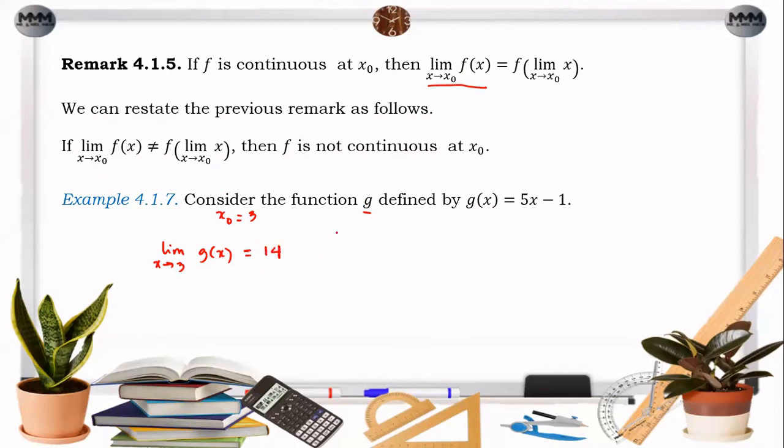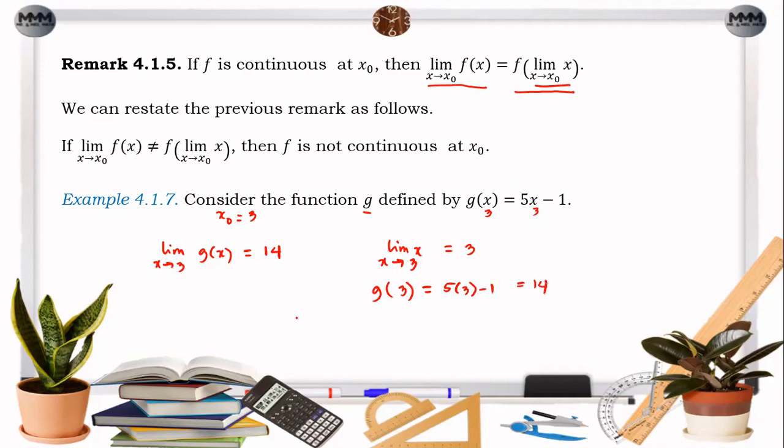So we're done with this a while ago. Now let's have this. The limit of x as x approaches 3 is equal to 3. Hence, g of the limit of x, which is 3, is equal to, we just replace 3 here, 5 times 3 minus 1, which is equal to 14.